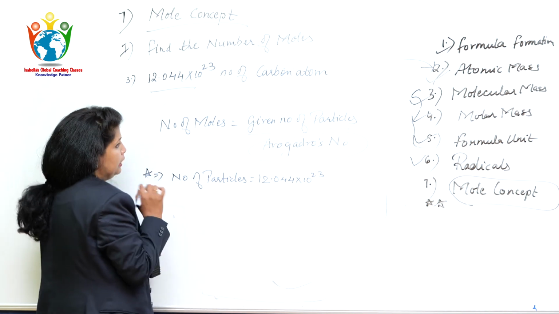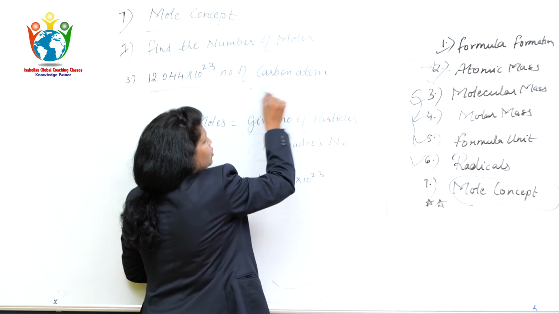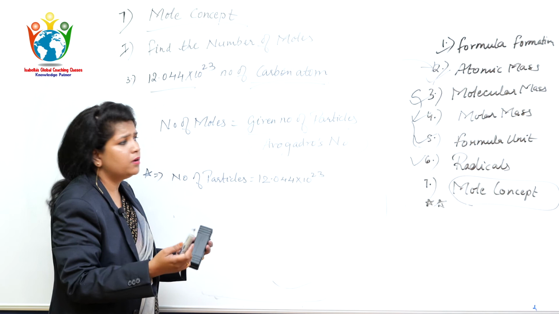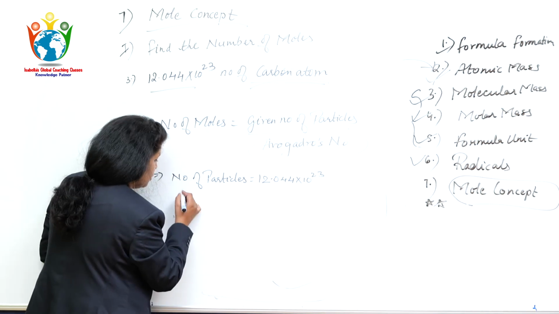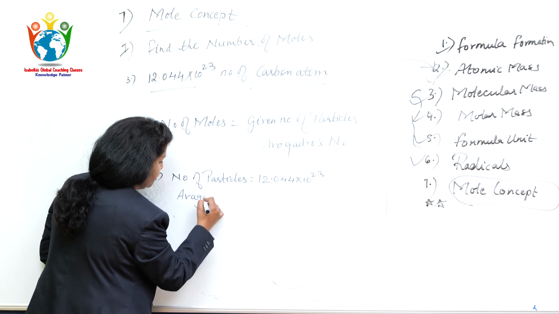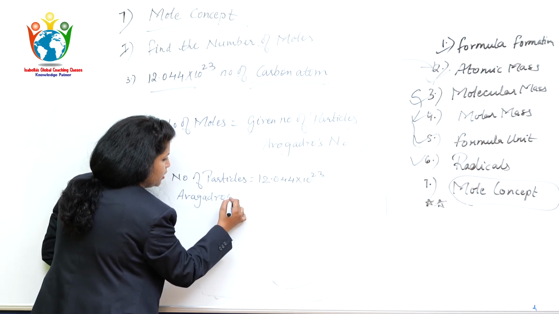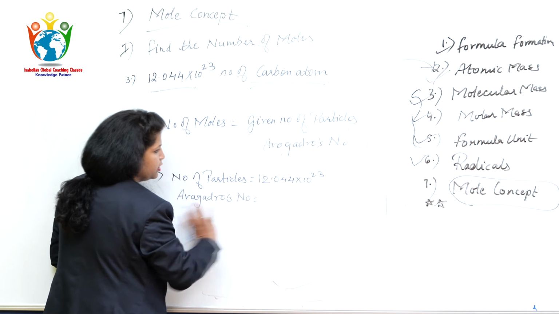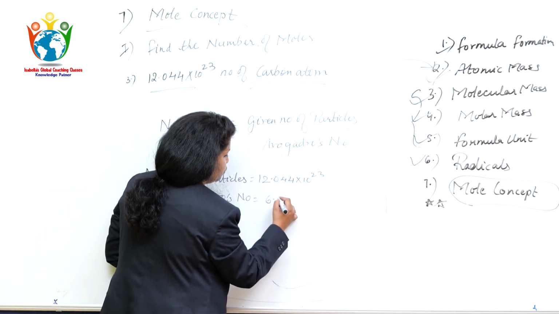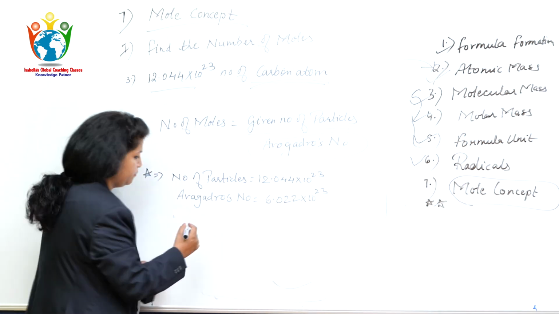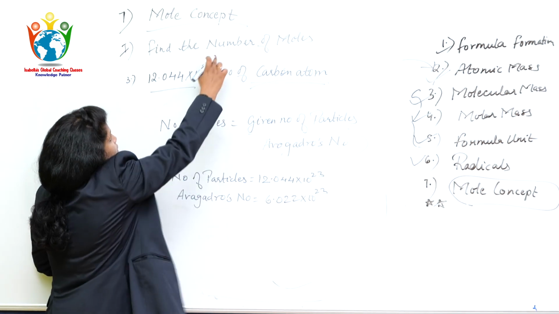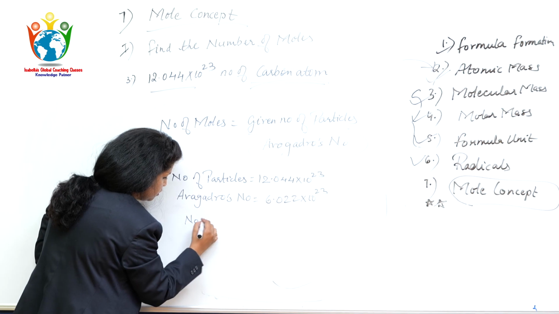Now we don't need to work out the molecular mass or molar mass because we have Avogadro number. So I am not writing any symbol for Avogadro because it is confusing for me. I will just write the Avogadro number straightforward, 6.022 into 10 raised to 23. Fine. Now we have to find out number of moles.